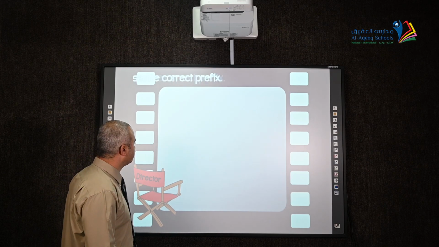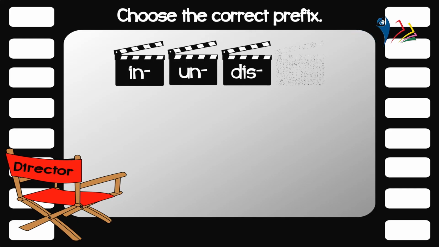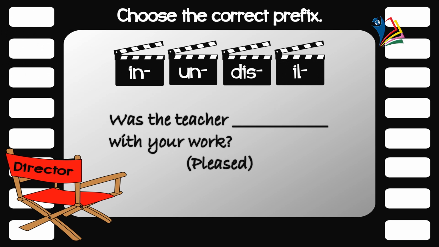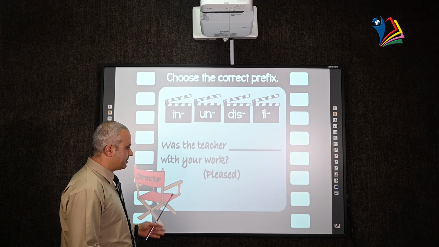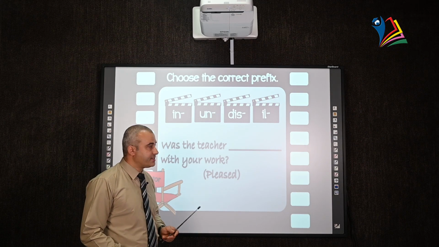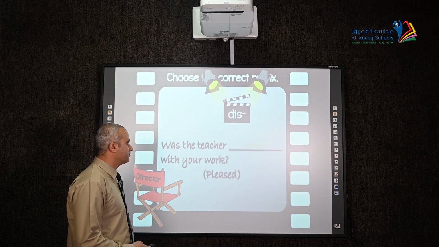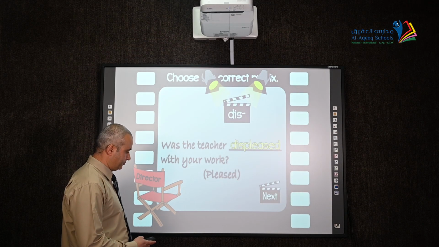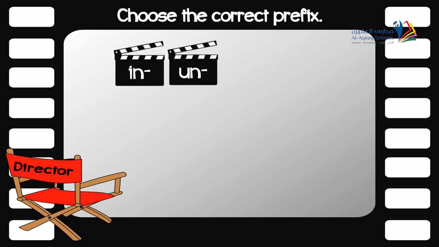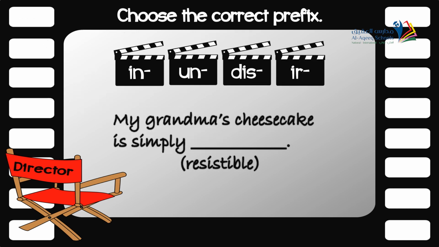Okay. After that: in, un, dis, il. Was the teacher pleased with your work? Pleased, the appropriate negative prefix here is dis, displeased. In, un, dis, im. My grandma's cheesecake is simply irresistible.